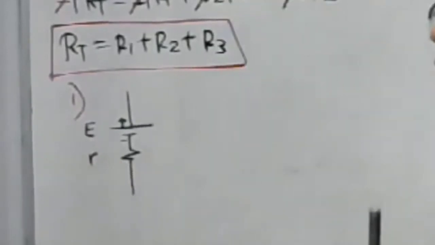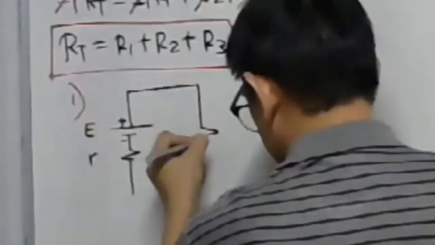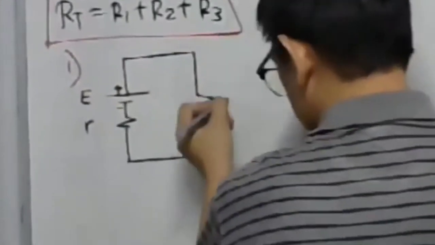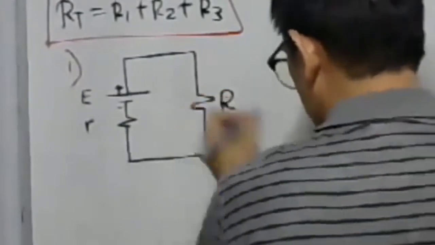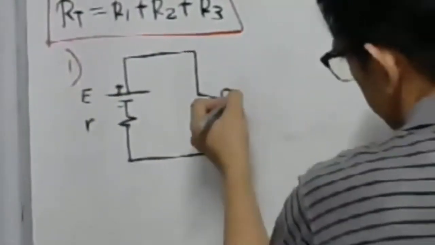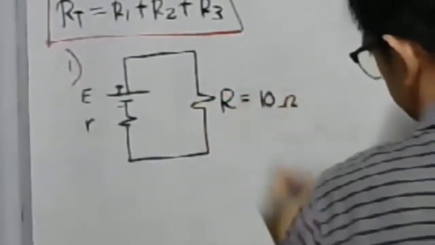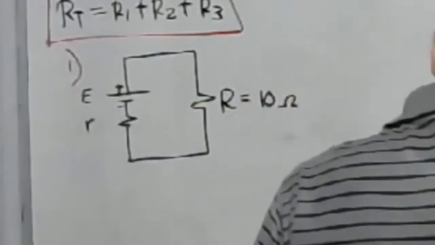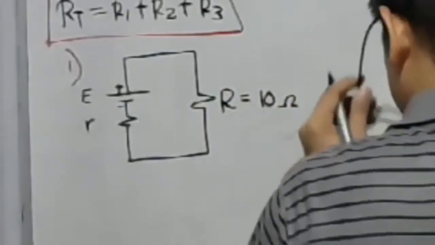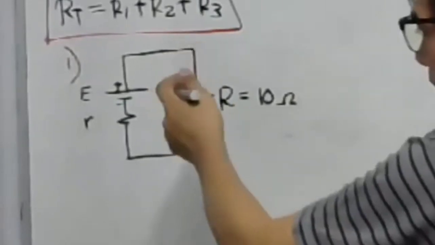In the problem, we have a load of 10 ohms. Let us represent the load resistance as big R, so it is 10 ohms. The battery is 12 volts.